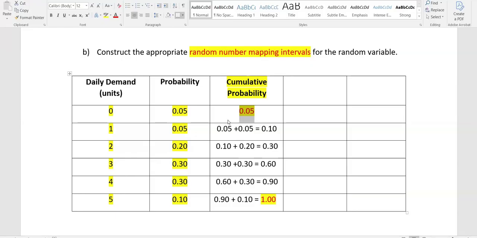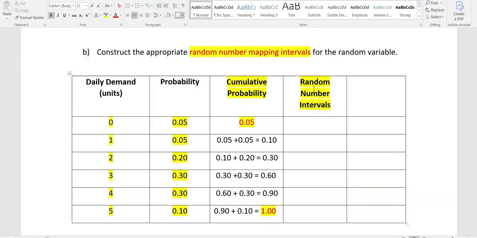Yes, sir. All right. Now, after you've added that cumulative probability column, you then add a column called random number intervals, because this is really what we're trying to come up with. So two columns are added to the original table.